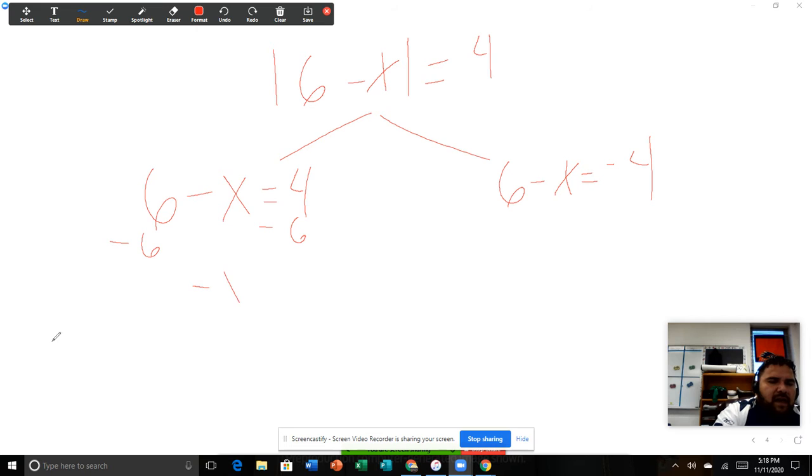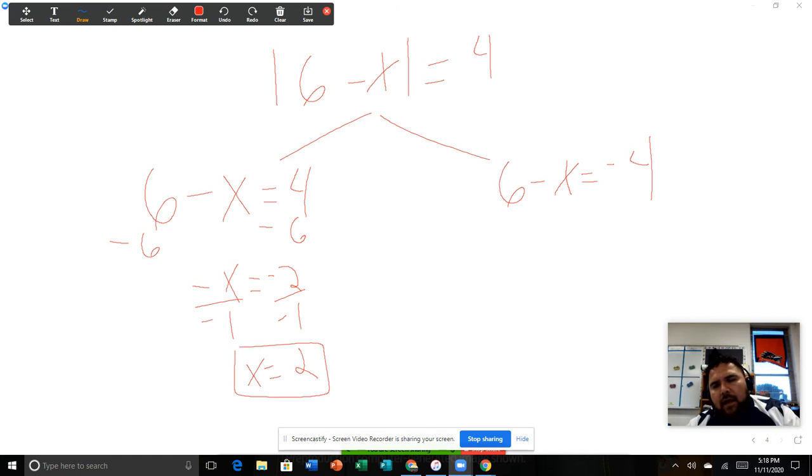We get negative x equals negative 2. Divide by negative 1. X equals 2. So there's one of my possible solutions. Here I subtract 6 from both sides. I get negative x equals negative 10. Divide both sides by negative 1. X equals 10.